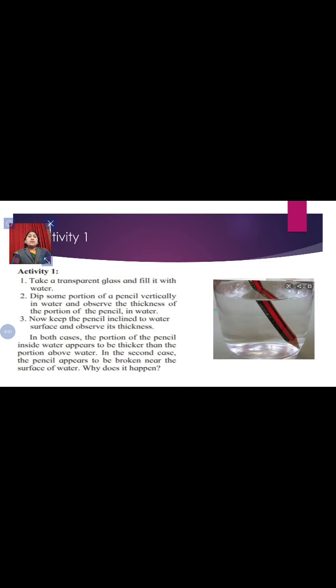That means if we insert the pencil in the glass of water, at that time the lower portion of the pencil, that means the under-water portion of the pencil, appears thicker than the portion above the water.